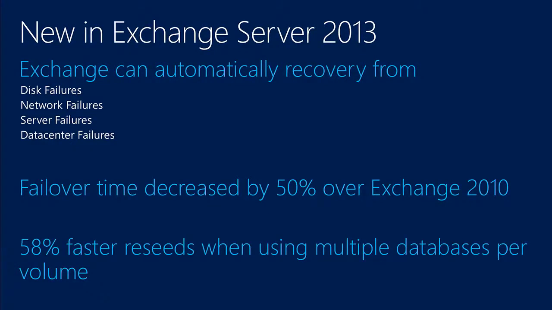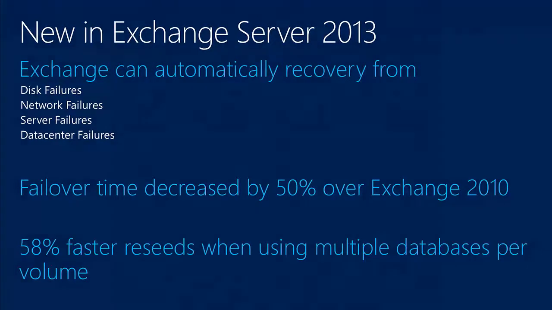As an example, in our dog food and our production environments for Exchange 2010, we see database failovers happening in around 20 seconds or less. So for Exchange 2013, we now see database failovers happening in our production environments at about 10 seconds or less. But of course, we can't guarantee 10 seconds, so we generally say 30 seconds or less, your database will fail over and become active somewhere else. So we have done some improvement there.